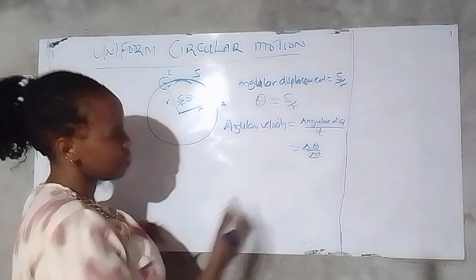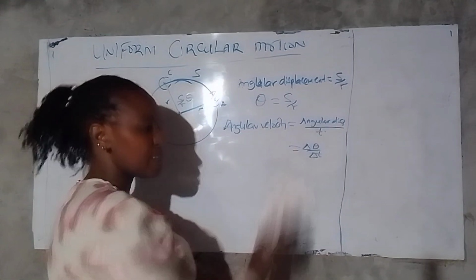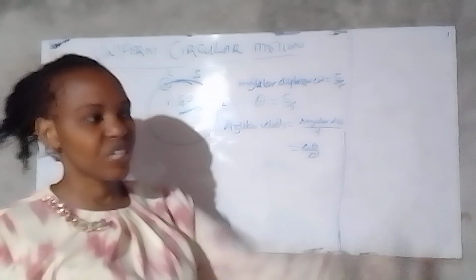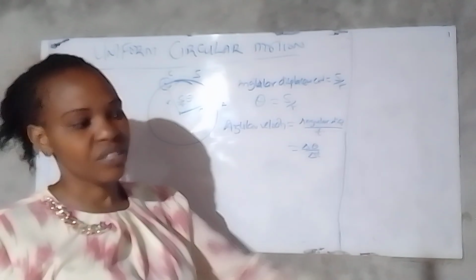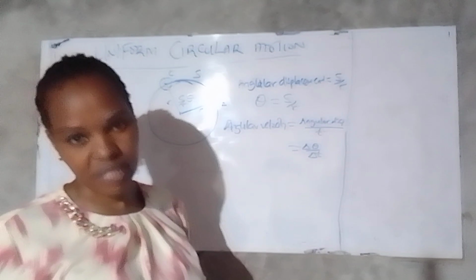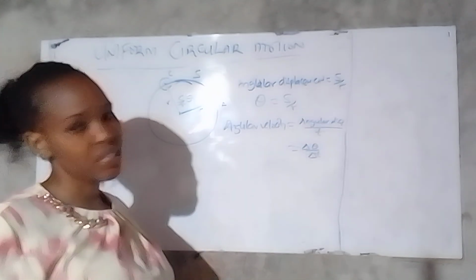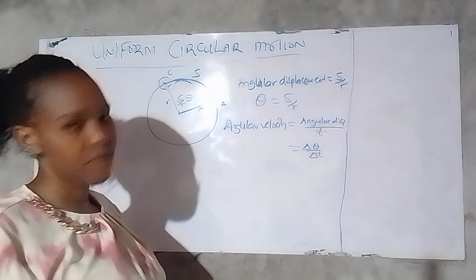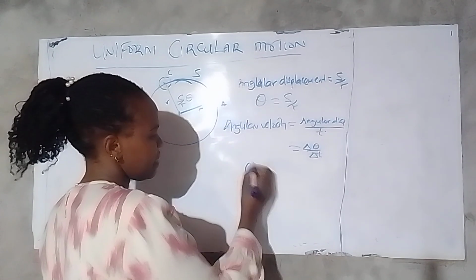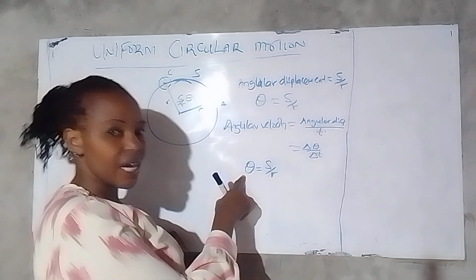Don't forget. So angular velocity is angular displacement over time, just like linear velocity. Linear velocity is change in distance covered over change in time taken. It is the same here. Change in angular displacement over change in time taken gives us angular velocity. So we have theta equals s over r, where theta is our angular displacement.